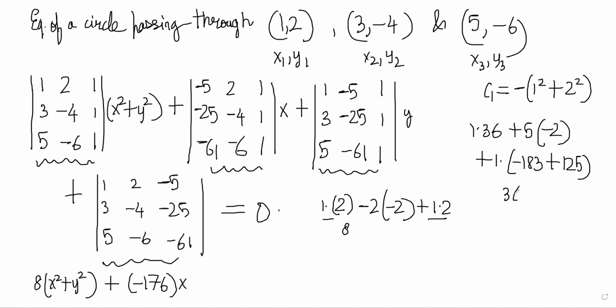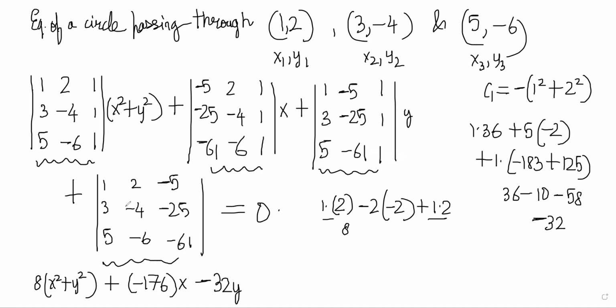So you have 36 minus 10 and you have 125 minus 183. So 83 minus 25. So 63 minus 558. So minus 58, right? So this is becoming 26 minus 58. So you have 36 minus 68. So minus 32, right? So minus 32y.